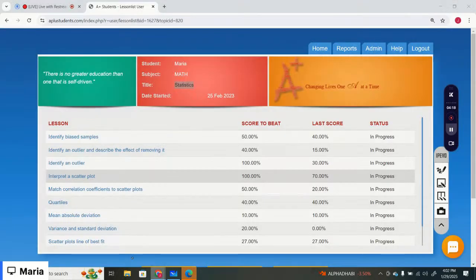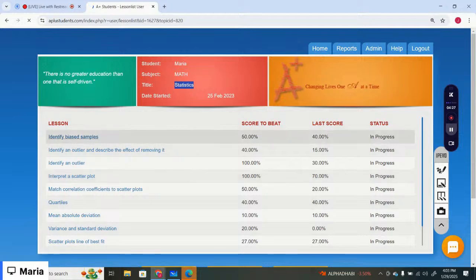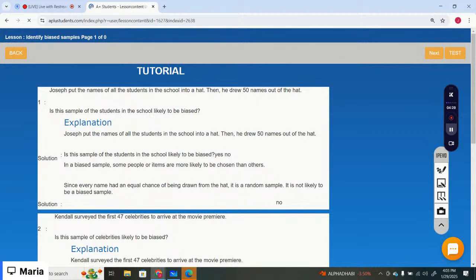Here I am on the grade 9 math chapter. We're going to start with statistics. Let's start the first lesson, identify biased samples.